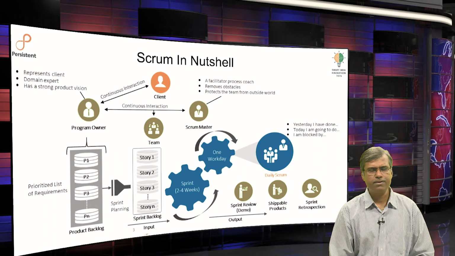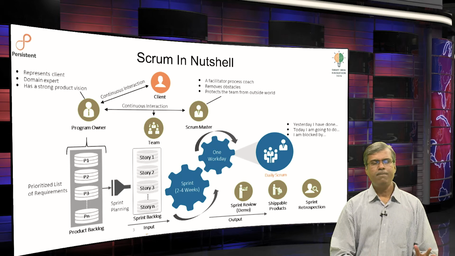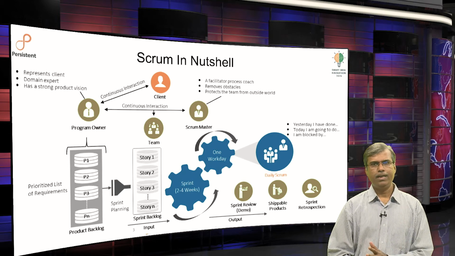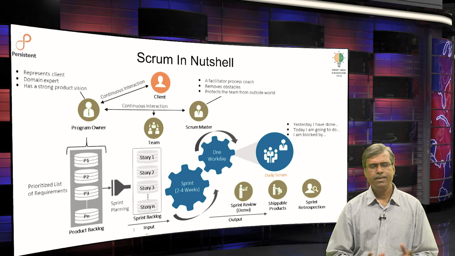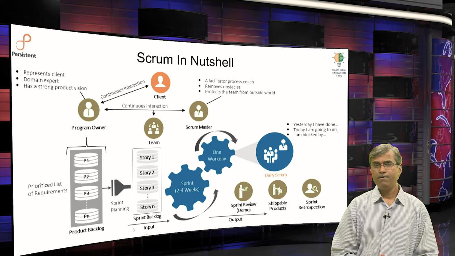The next set of things are the sprint level backlogs, where the sprint backlog is actually translated from the product backlog. The epic, which is a complex requirement in a sense, is split into multiple user stories, and a user story is a very simplified requirement.